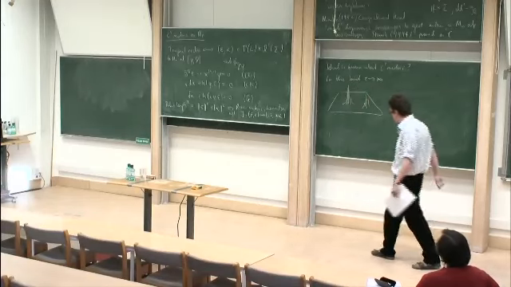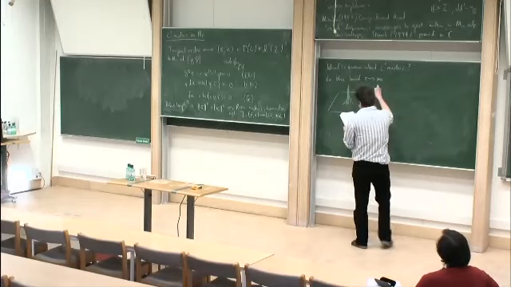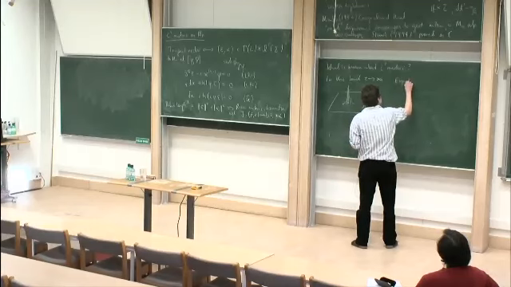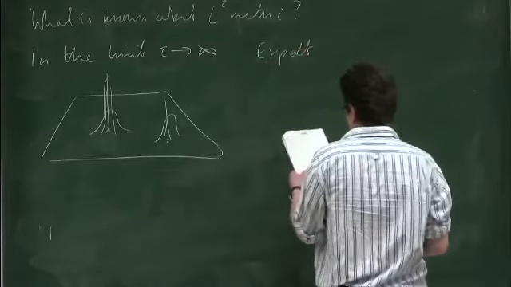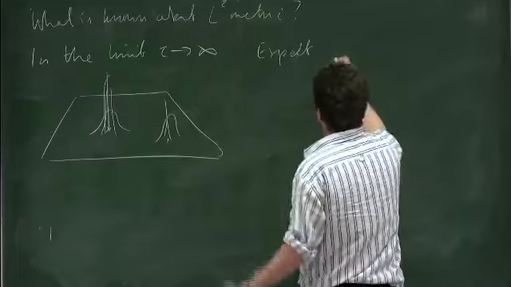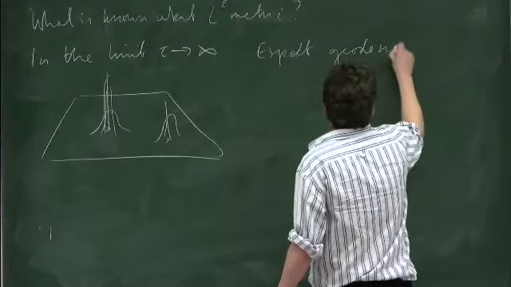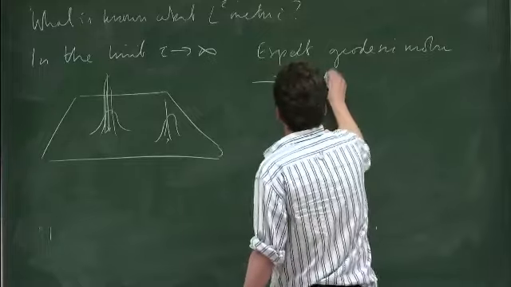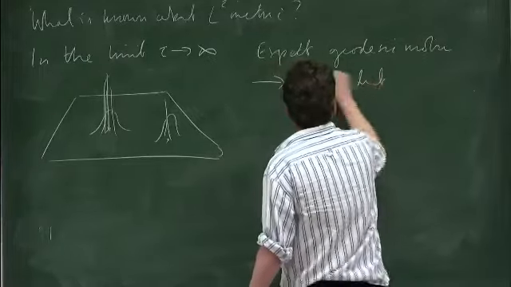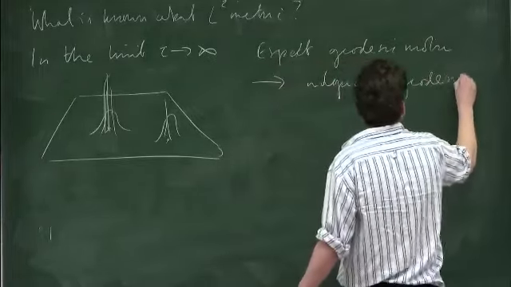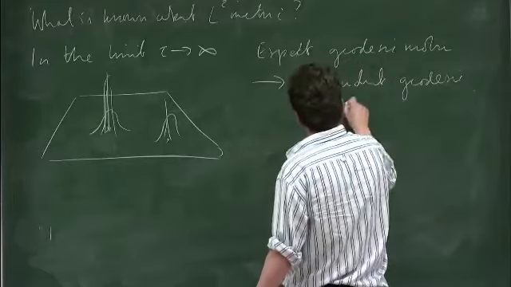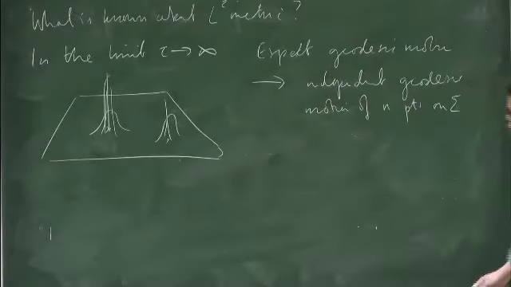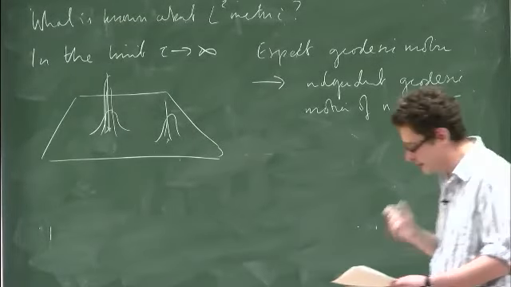So just by looking at that, you would expect the geodesic motion to tend to the independent geodesic motion of n points on sigma, as long as they don't hit one another. And indeed, this turns out to be true.